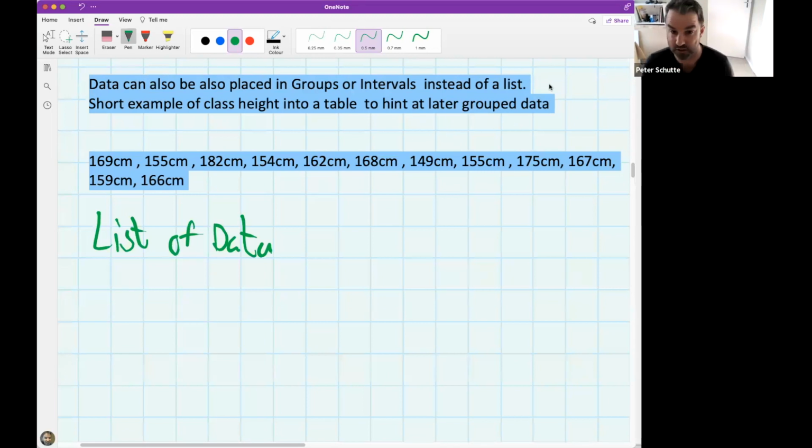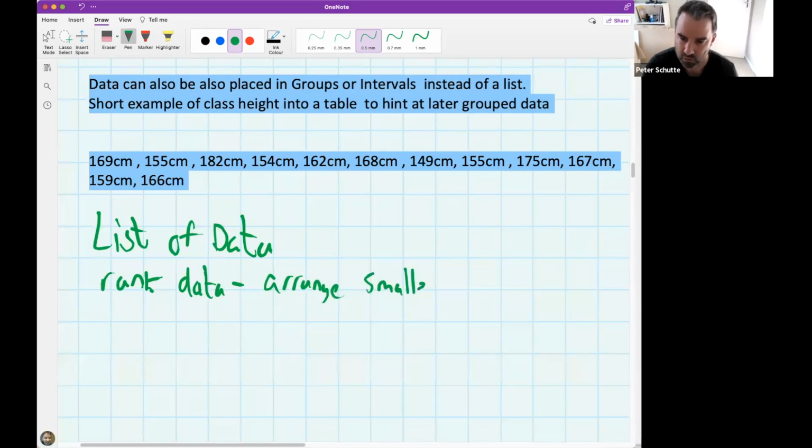You just collect it from a class and you make a list. Sometimes we order that list from smallest to biggest, and that's called ranking the data. Ranking the data means to arrange from smallest to biggest. Sometimes they'll say to you, rank the data or order the data.